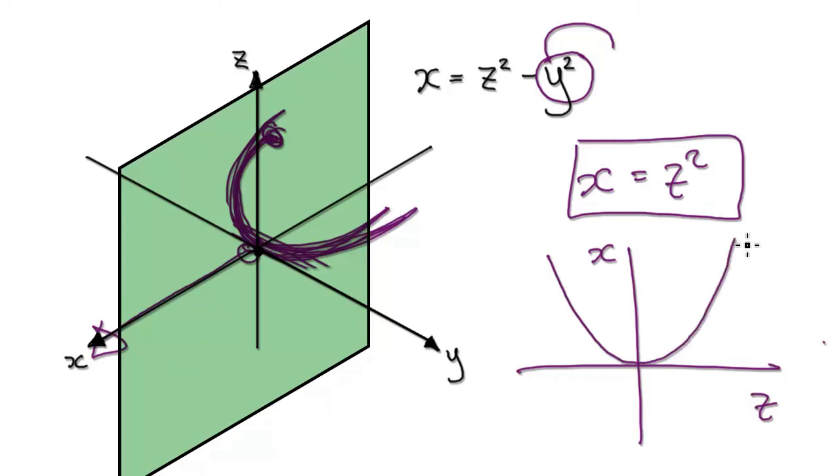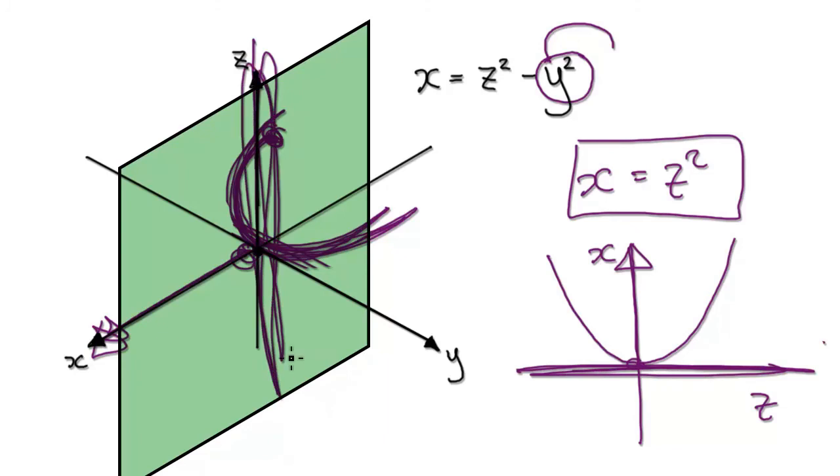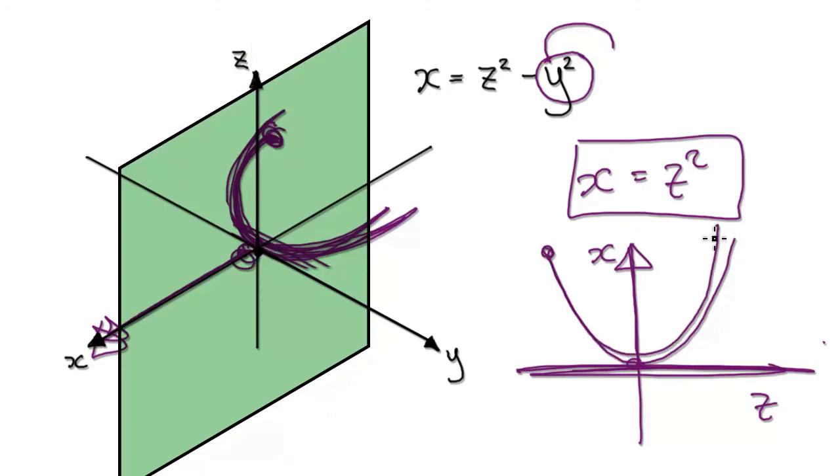So positive x will be in this direction, and we're moving along the z axis. So this is negative going positive. So you're going to get a quadratic looking like this on this sheet of paper.